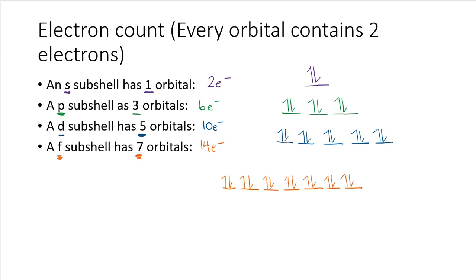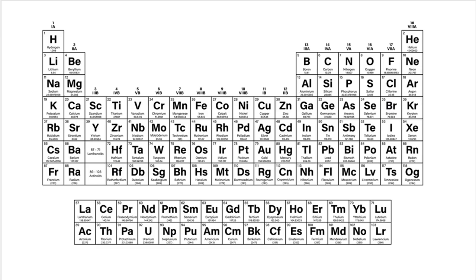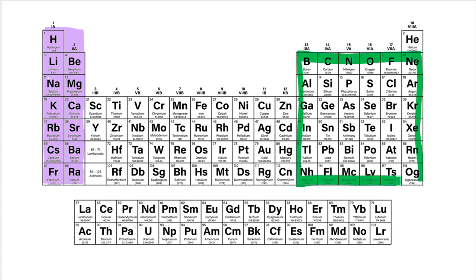Now here is the periodic table. So I went purple, green, blue, orange, purple. Okay, these 2 rows of the periodic table are the purple ones. Then we got green. Over here are the green ones. Purple, green.